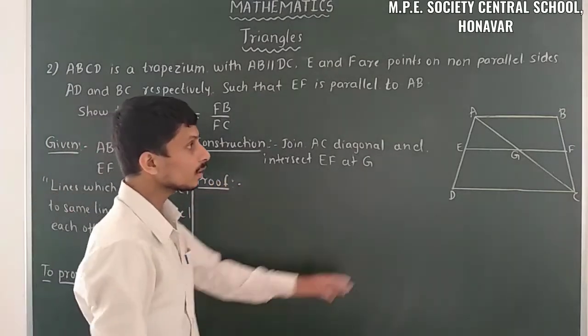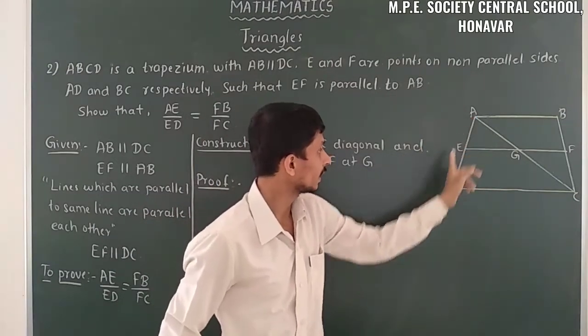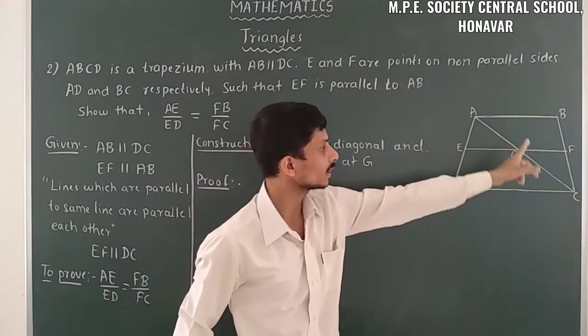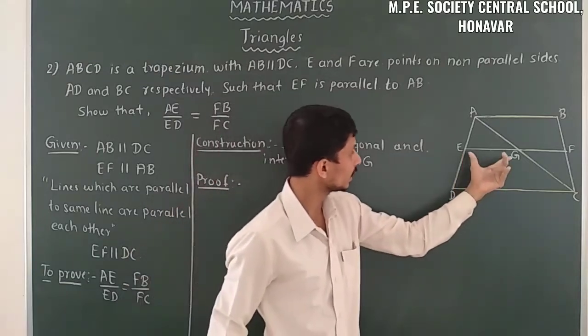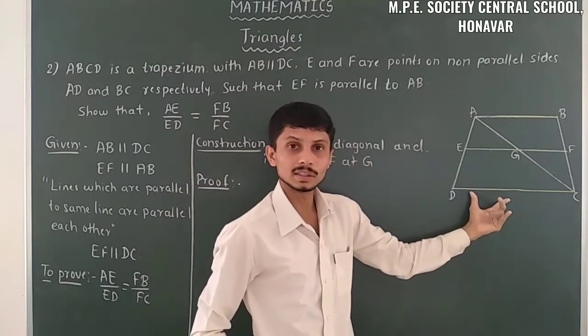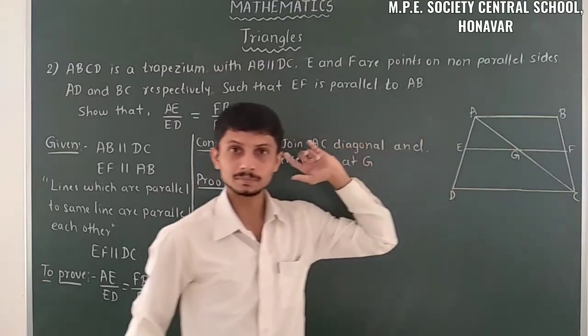Yes. So here we have two triangles, one is triangle ADC and another one is triangle ABC. Just observe here, EG is parallel to DC and GF is parallel to AB.